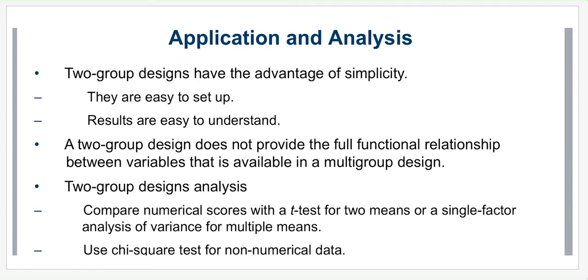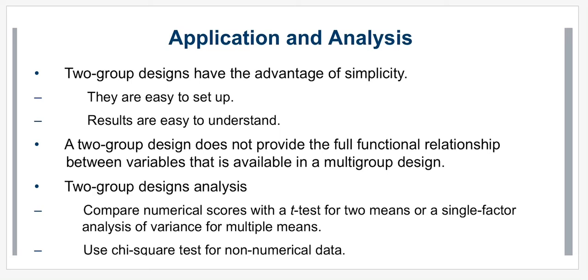Okay, so again, two group designs, as always, is the simplest design where there's just two groups, no more than two groups. It has the advantage of being the most simple. It is easier to set up. It is easier to understand and interpret the results. So that's the advantage there.